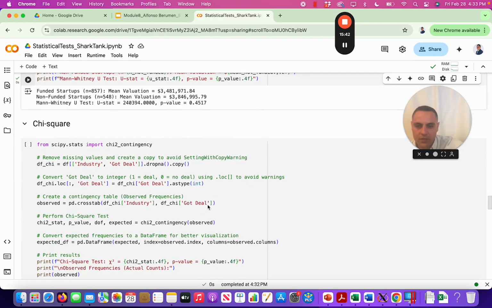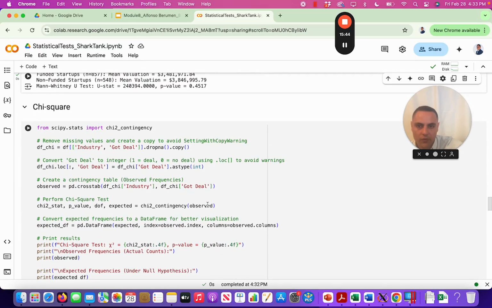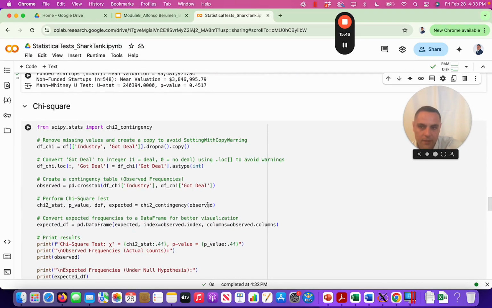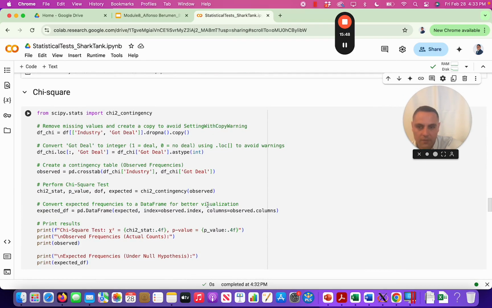If we go into categorical versus categorical, I mentioned we would use that chi-square test, right? So we might look at, similar to the example, industry and whether the startup got a deal or did not get a deal, to see if there's a relationship between these variables.